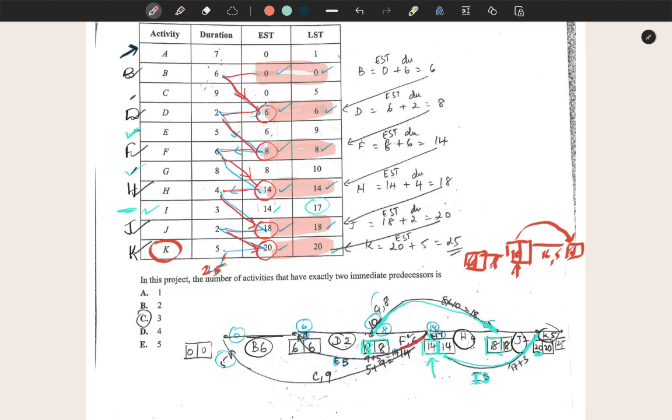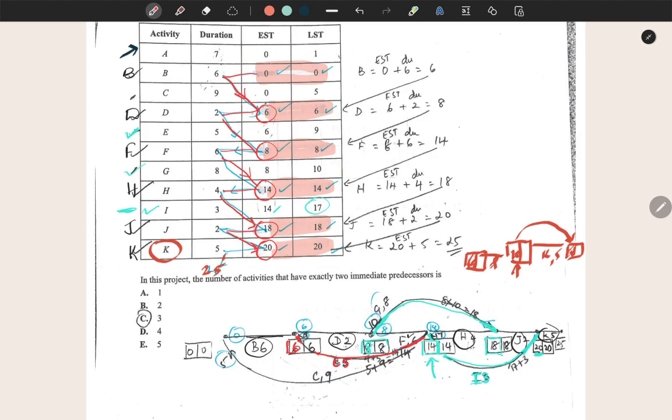We are talking about activity E. So 9 plus 5 is 14. So from 14 backwards, and its earliest starting time is 6. So take it back to where it says 6 as the earliest starting time, and that's activity E of duration 5.